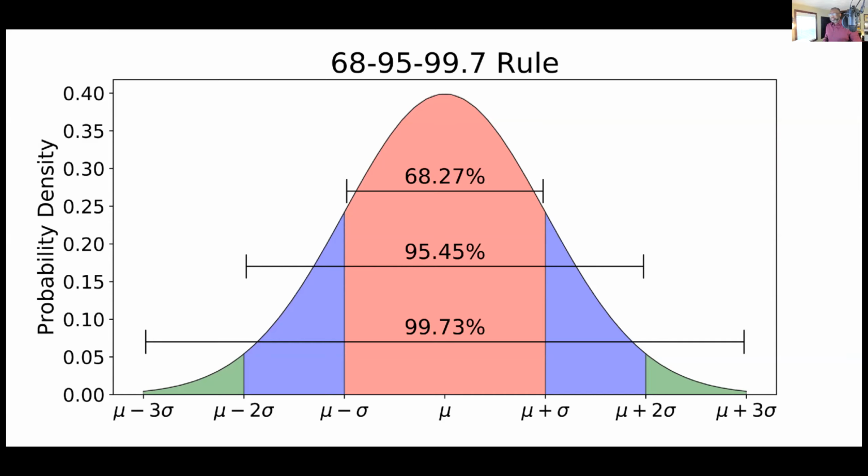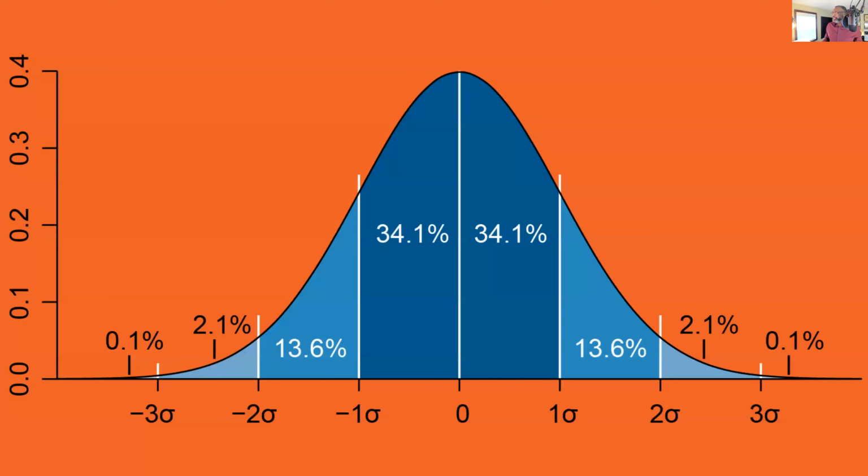And 99.7 percent of all the scores will generally fall within 150 points plus or minus the mean. So it's a very fascinating rule. Here's just a percentage breakdown. So you have a very, very small chance of being outside 3 standard deviations from the mean.